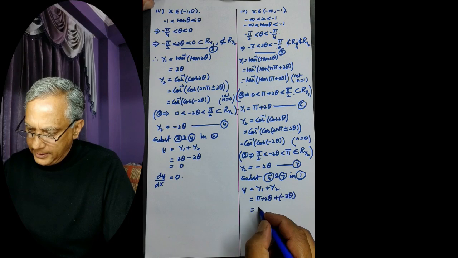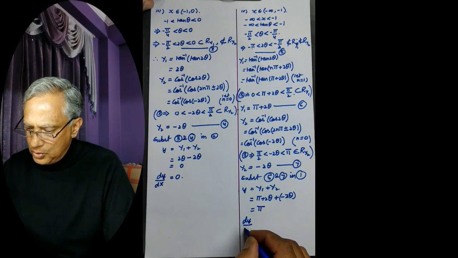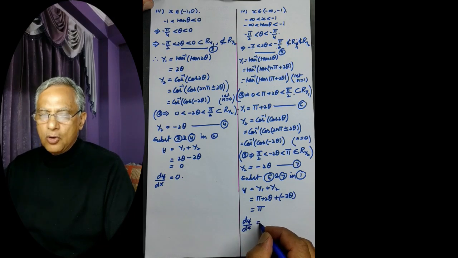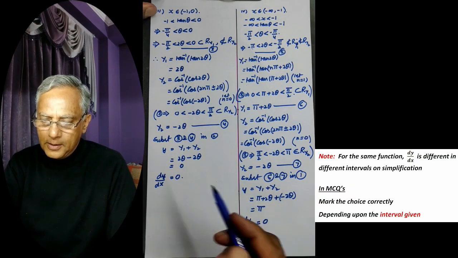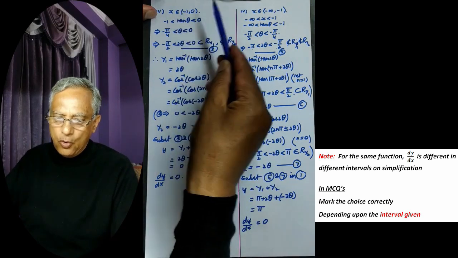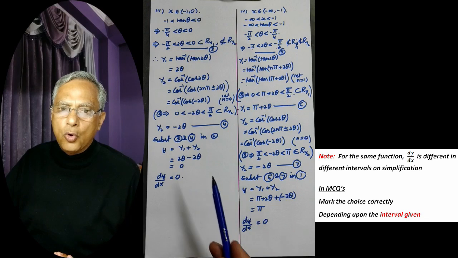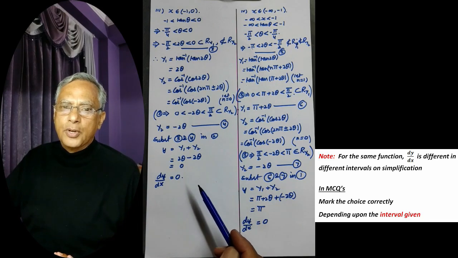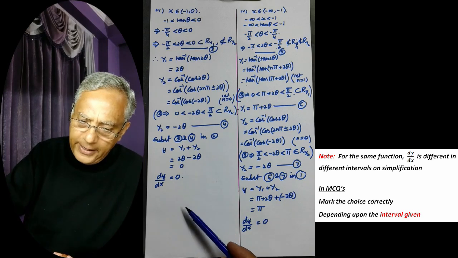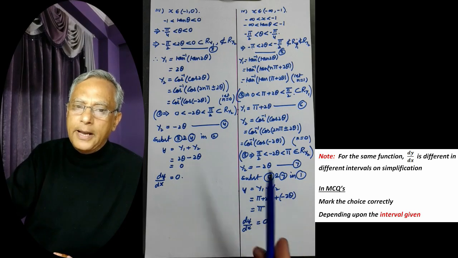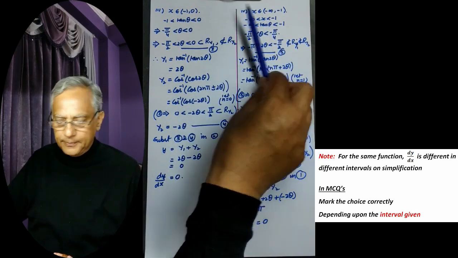And therefore dy by dx will be equal to 0 because this is a constant. So in these two cases, the derivative is 0. But in the first two cases, derivative was 4 over 1 plus x square. So derivative will depend upon the interval in which x belongs.